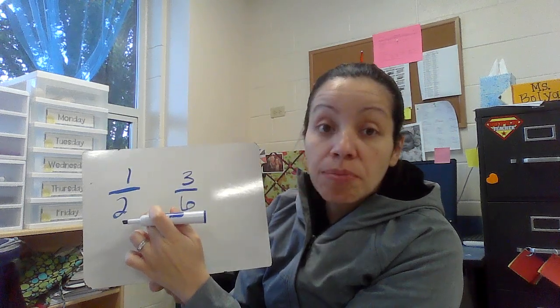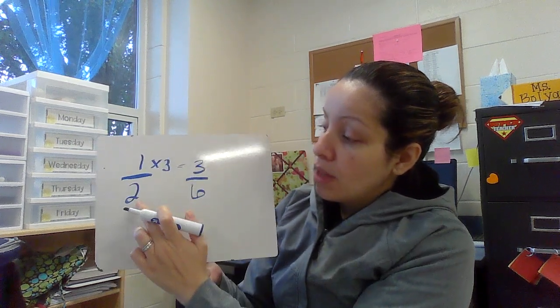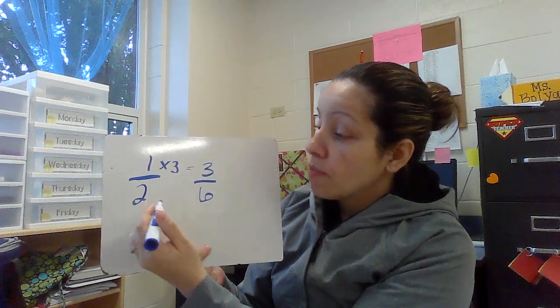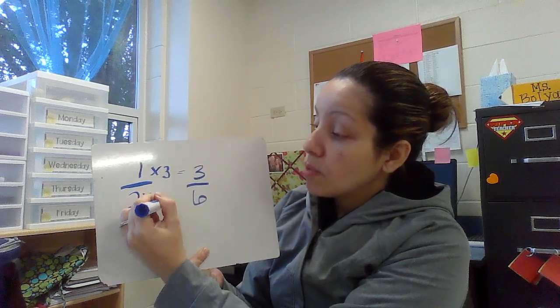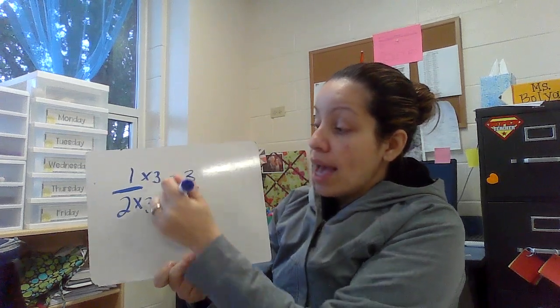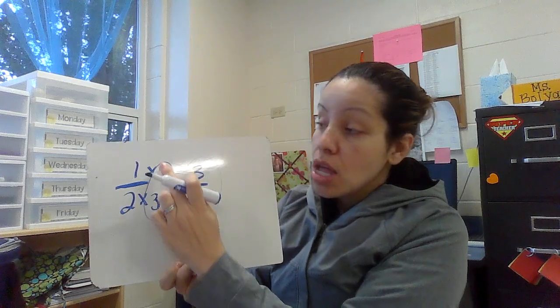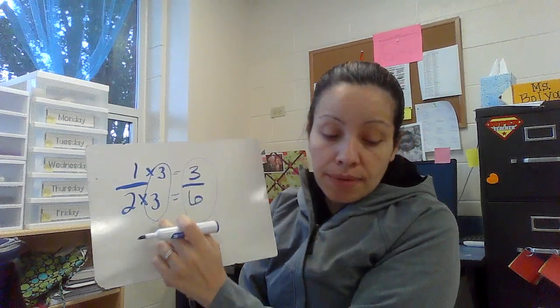And when I multiply, I need to multiply the number at the top and at the bottom by the same number. So if I do 1 times 3, that would give me 3. That means that if I multiply by 3 here, I need to multiply by 3 here. So 2 times 3 equals 6. So yes, that is an equivalent fraction because I'm multiplying by the same number, which is 3 in this case.